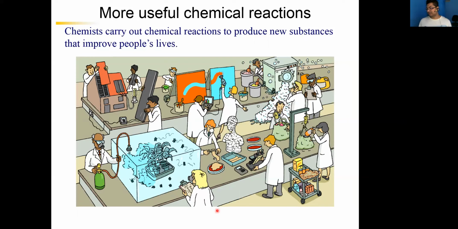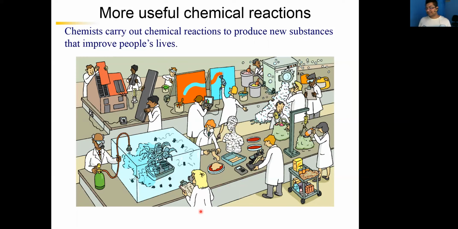So it's again a chemical reaction. Here, what is this? Fertilizer, yes. It could be pesticides. I'm not 100% sure, but it seems to me pesticides. It's pest controlling. But whether it's fertilizer or pest control, it's definitely chemical reactions.